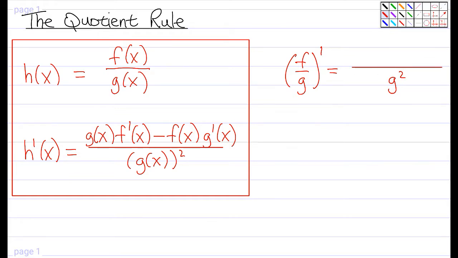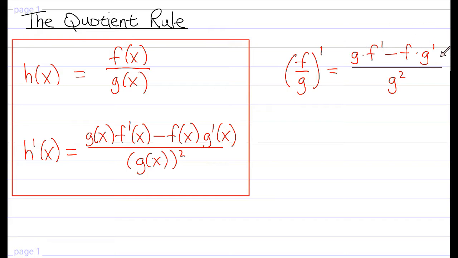In the numerator, I start with g and I multiply by f prime minus f times g prime. So the numerator starts with a g and ends with something with g in it. And you just have to remember the minus sign. So I just think of it as, okay, the g squared goes in the bottom. I start the top with the g, and then it's kind of like the product rule, except it's got a minus sign.